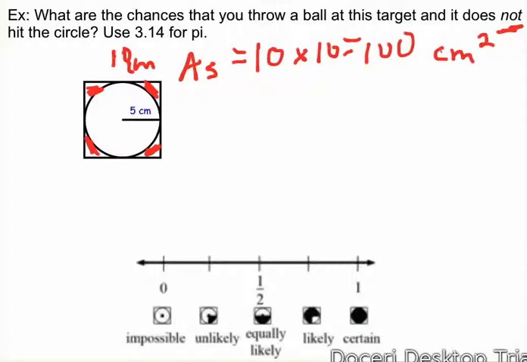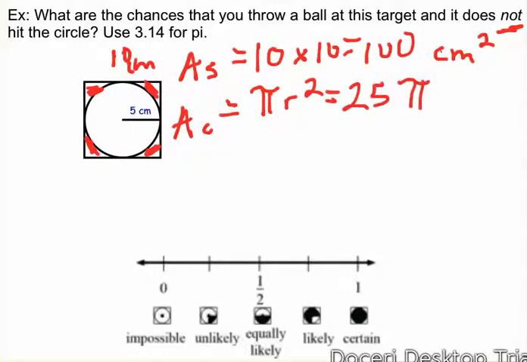That's the square. Now we need the area of the circle, which we'll abbreviate A with the sub letter C. And we know that the area of a circle is pi times the radius squared. Well, we know the radius is 5, and we're going to square that, and we get 25 pi.